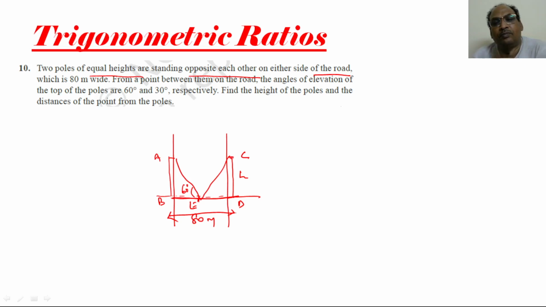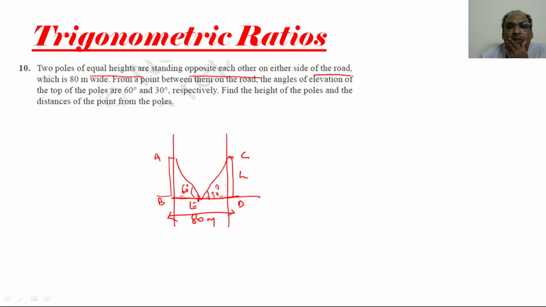Okay, so 30 degree. Another one is 30 degree. Find the height of the poles and the distances of the point from the poles. Okay, we need to find the height of the pole and the distances of the point from the pole.